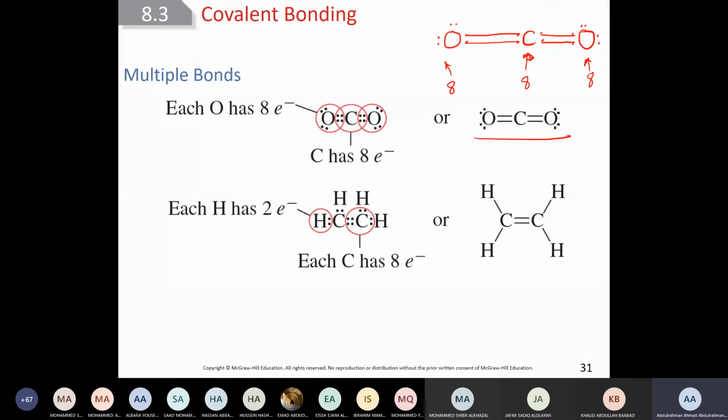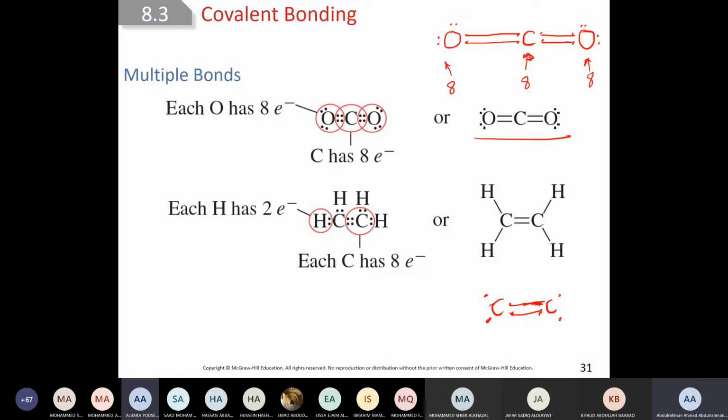Look at this structure, and I'm not going to do any counting. Don't forget, the carbon has 4 electrons. I'll put them like this: 1, 2, 3, and 4. The other carbon has 4 electrons: 1, 2, 3, and 4. I'll make this share. Now, without the hydrogen, how many electrons around each carbon? 6.